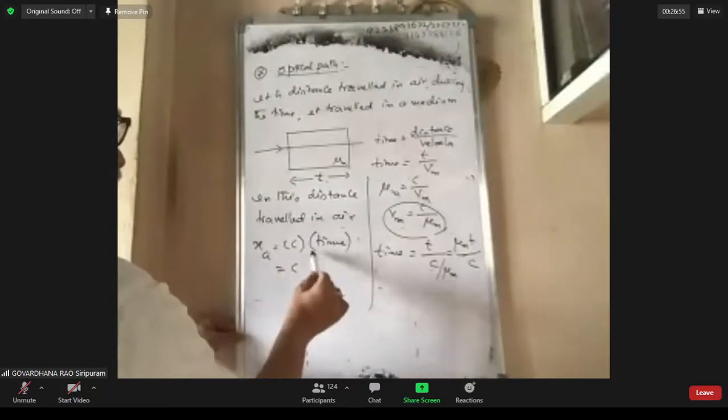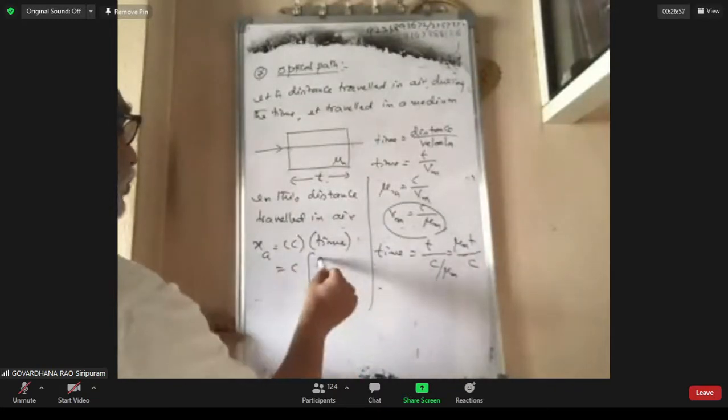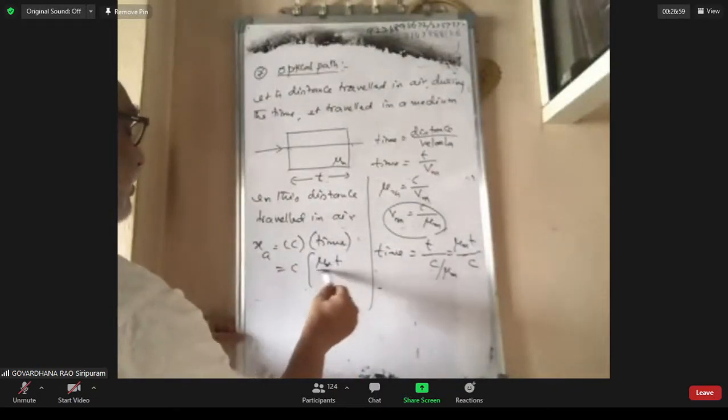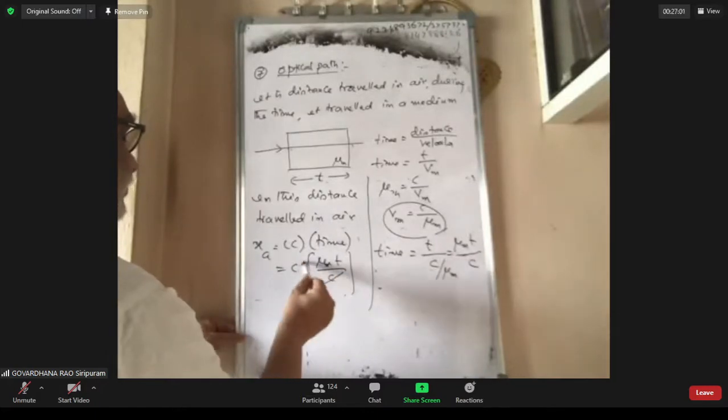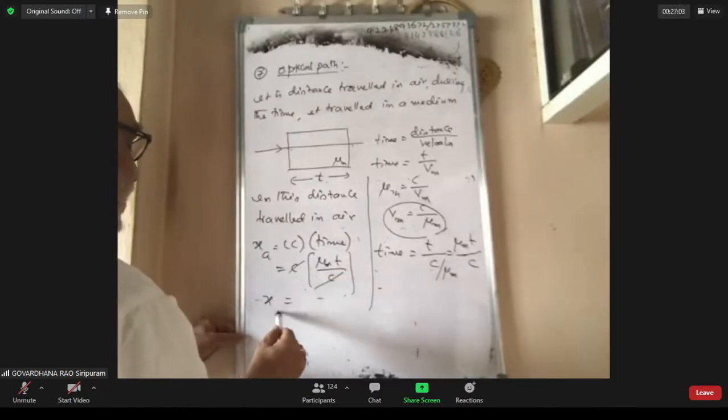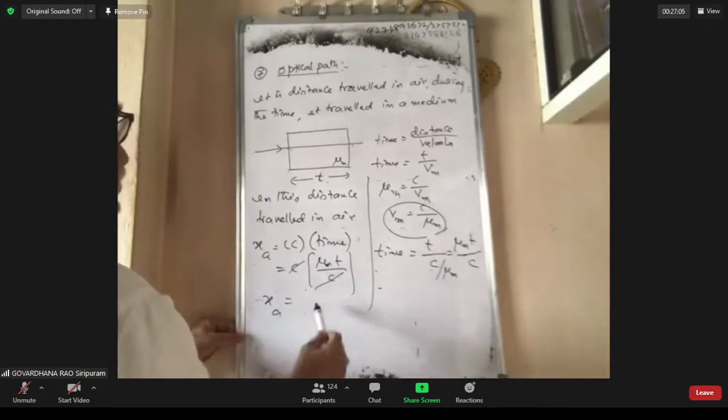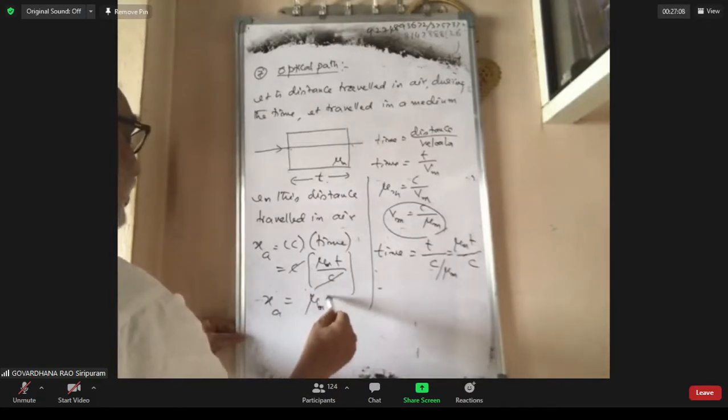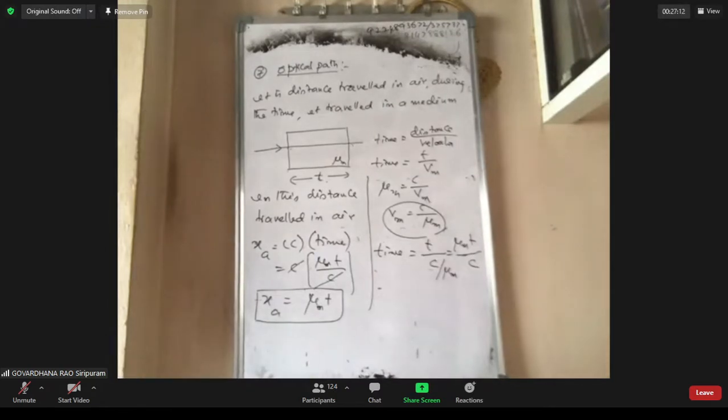That is c, and the time is mu m into T by c. So x in air equals mu m into T. This is called optical path.